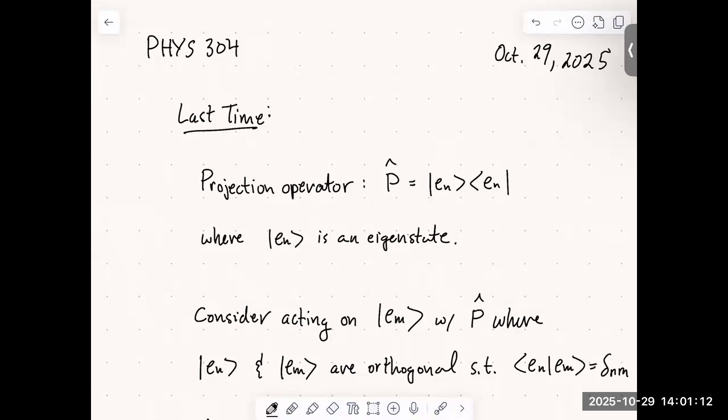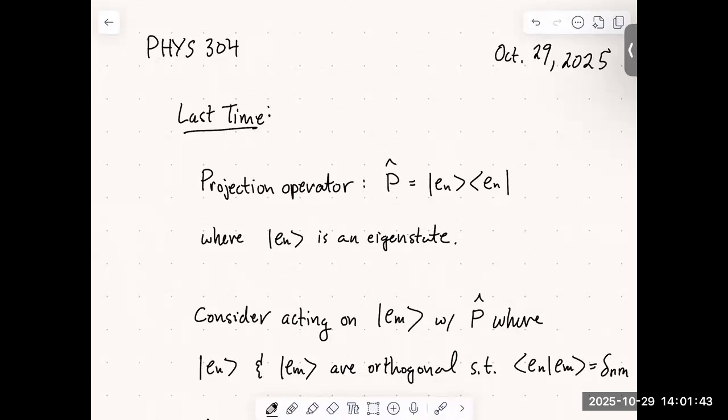So one of the things that we ended with last time was this so-called projection operator. We were thinking of this in terms of an analogy to 3D unit vectors. But what we thought about was representing a basis, a set of eigenfunctions, a basis that spans our Hilbert space in this way. So we had a column times a row, which makes some kind of matrix.